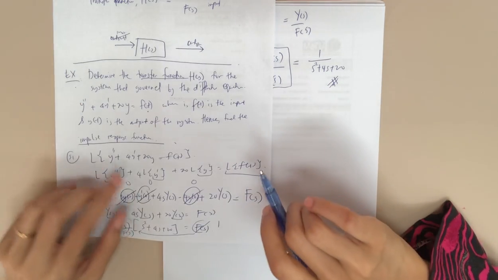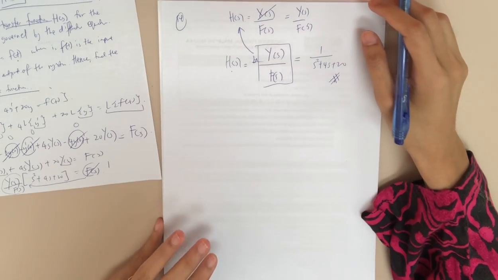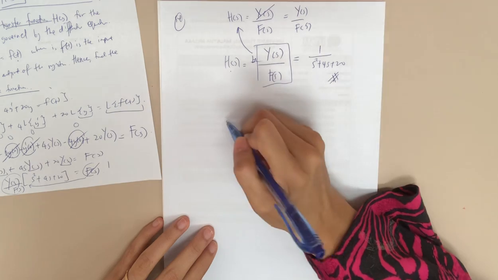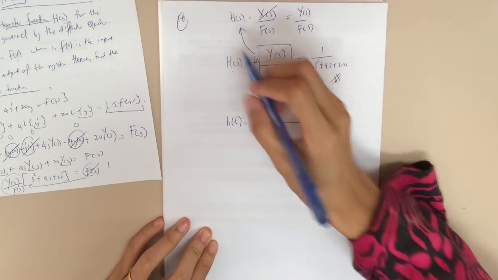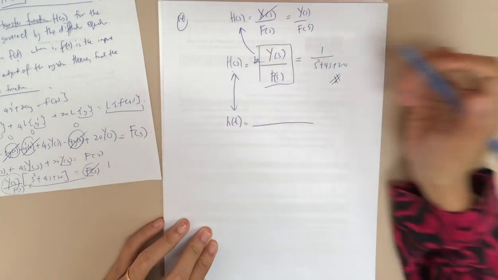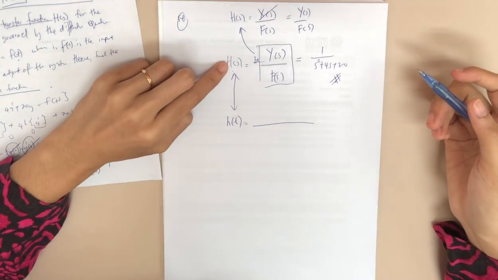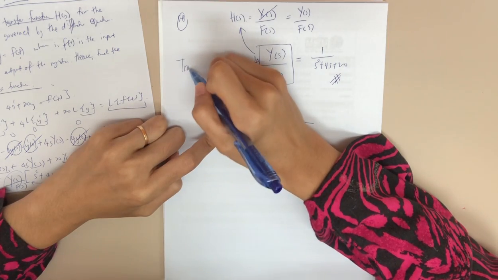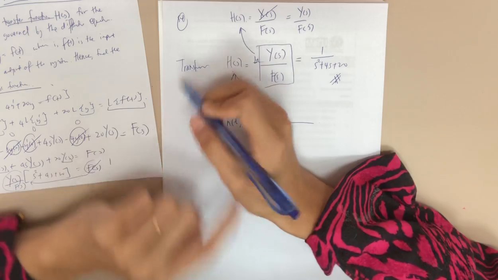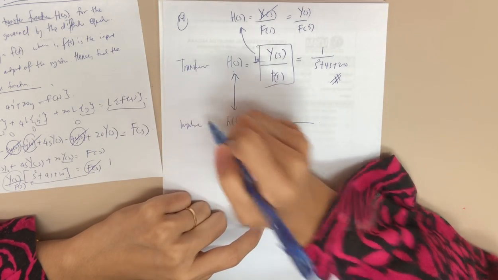The second part asks you to find the impulse response function. What is meant by impulse response function is we want to get h(t). Can you relate these two? This is H(s), the transfer function, and the impulse response function is h(t).